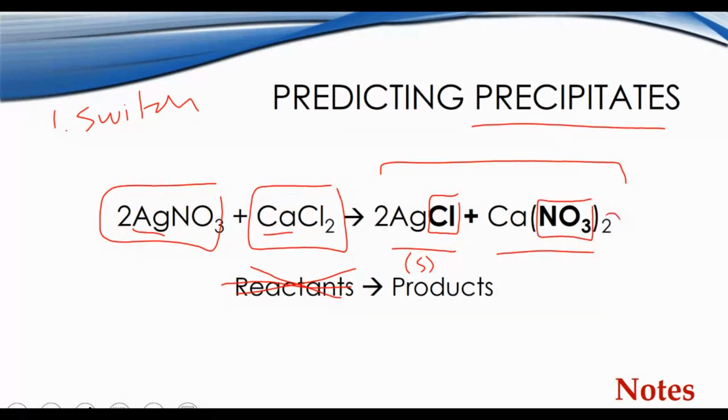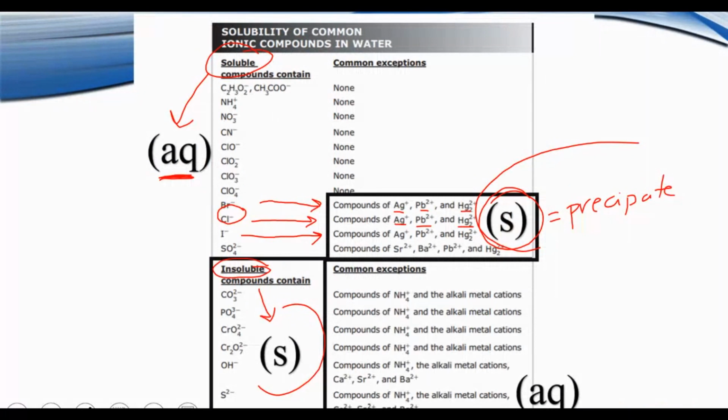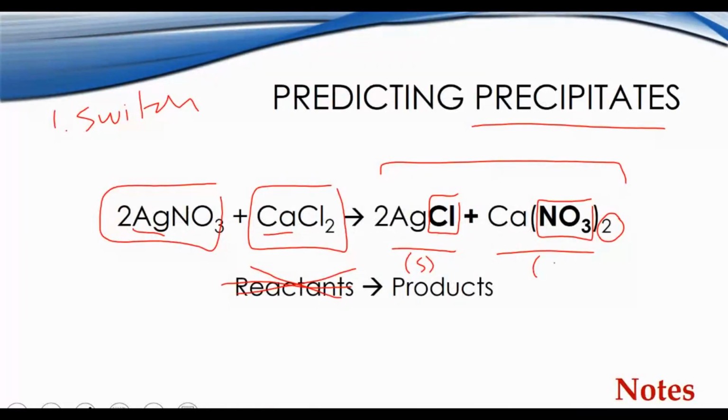I really don't care that there are two of them; that again is just because of the balancing. I'm just looking for nitrate. Let's go back. Nitrate is located right here at the top. It does not have any exceptions, so no matter who it's bonded to, it will always be aqueous. So I'm going to go back and label that as aqueous. And that's really all there is to precipitates.